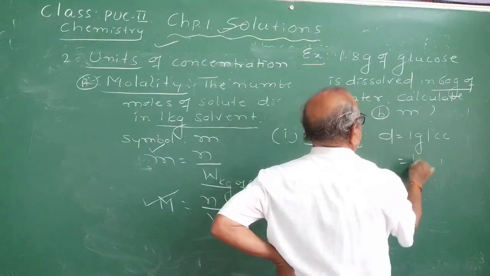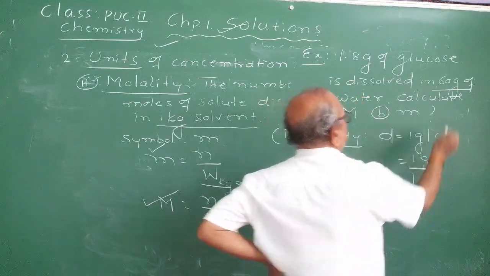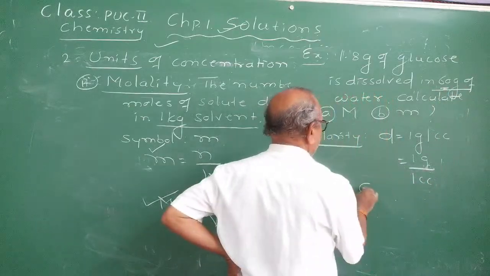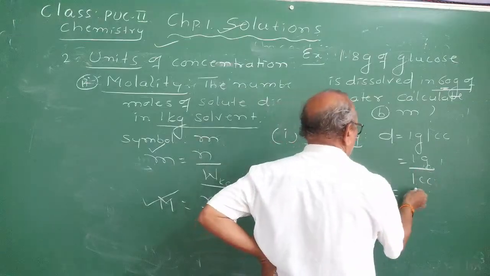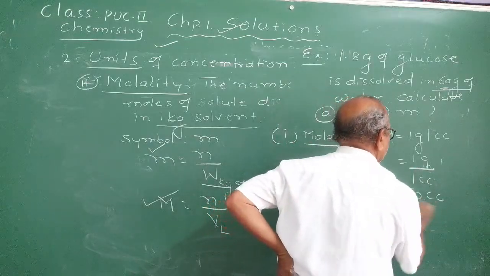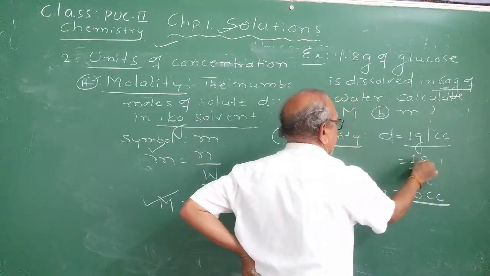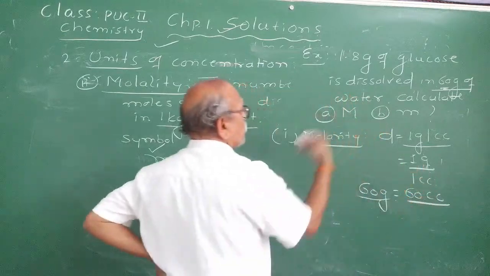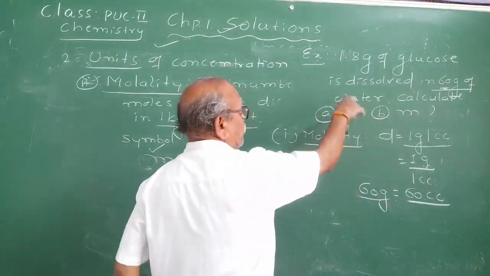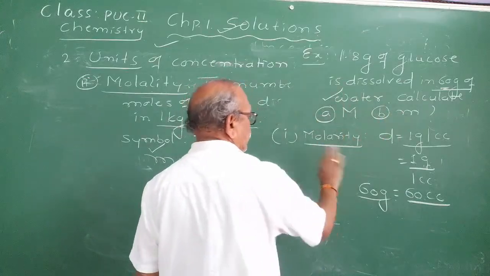Means in 1 gram there will be 1 cc of water. In 60 grams, what is the volume? 60 cc, because the density of water is generally taken as 1 gram per cc. In case of water as solvent, there is no problem for both molarity and molality.